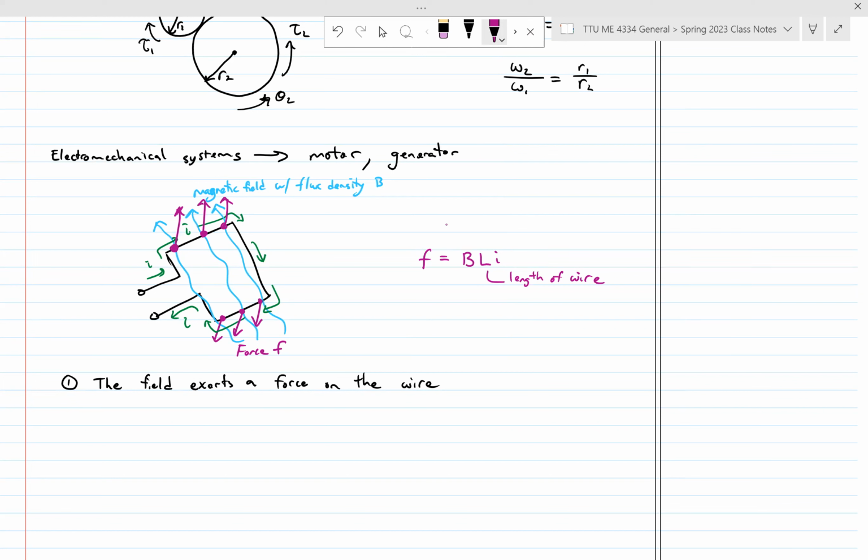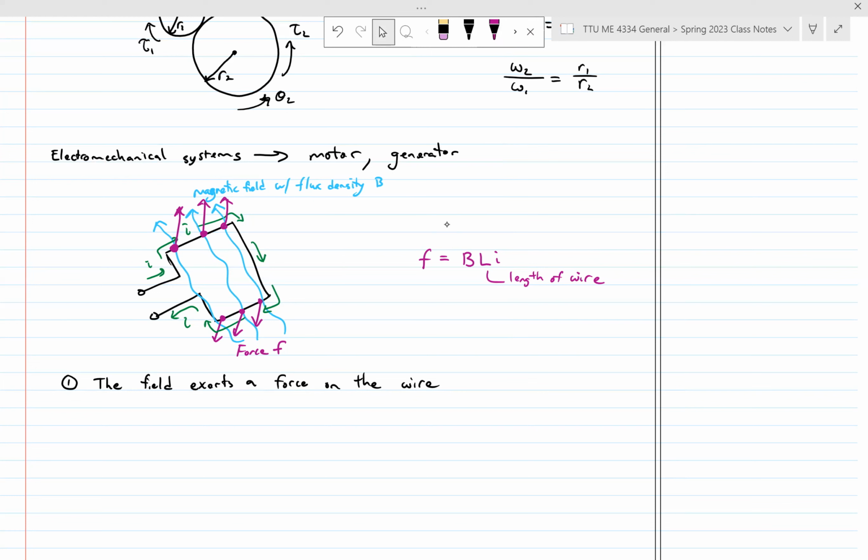What this says, in a nutshell, is that the current existing is going to produce a force acting on the system. And if we had these two ends over here pinned down, it would be a torque. It'd be rotating around, with one side being pushed up, one side being pushed down.